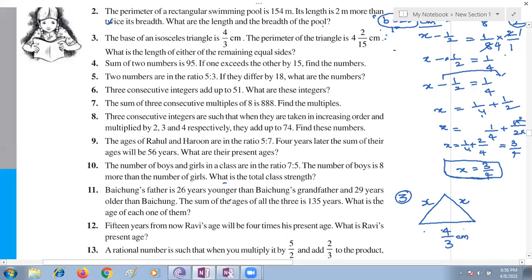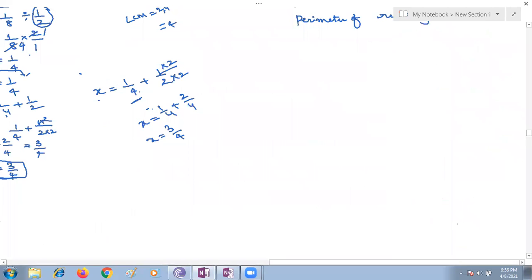So perimeter is given how much, children? Ma'am, 4 integer 2 by 15 minus 4 by 3 is equal to 2x. One minute, children. Ma'am, the equation will be 62 by 15 is equal to 4 by 3, this is x, this is x, this is 4 by 3 centimeters or meters?